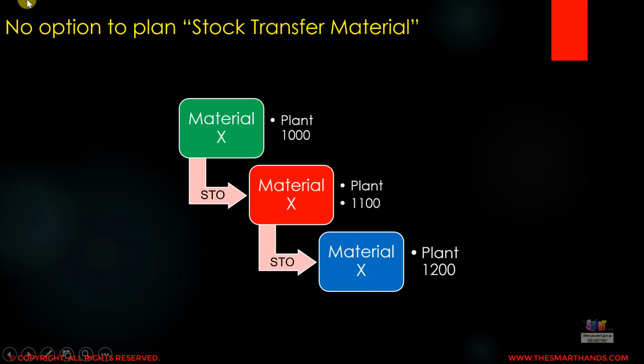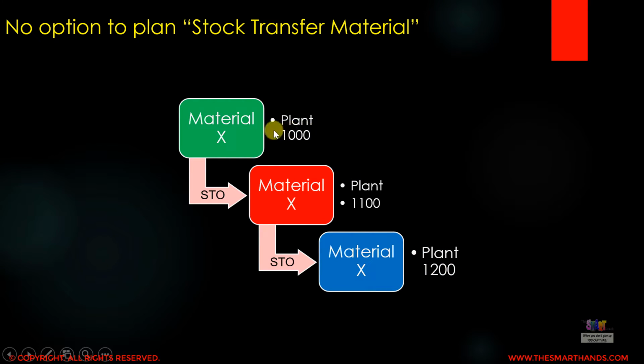Another issue is that there is no option to plan for stock transfer materials. For example, say you're running MD02 for material X in plant 1000, and this material is procured by stock transfer from plant 1100, and that plant is stock transferring from plant 1200.